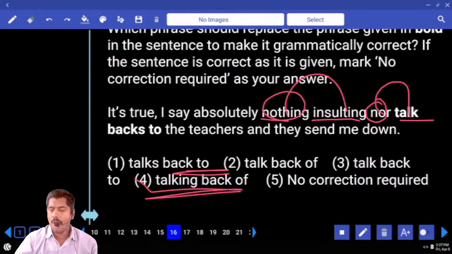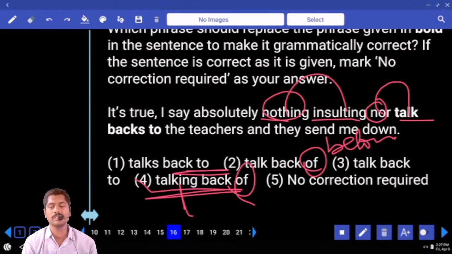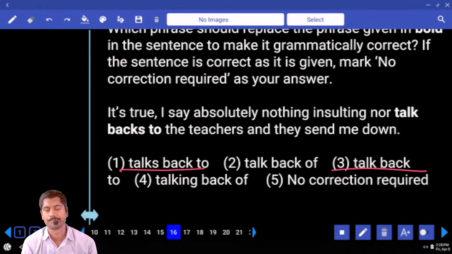Okay. Of means belonging. ing I can take, but the problem is talking back of teachers. And they send me down. Talk back to teachers. Or talks. Answer 1 or 3. I say absolutely nothing insulting nor I talk back to teacher. Answer third option.